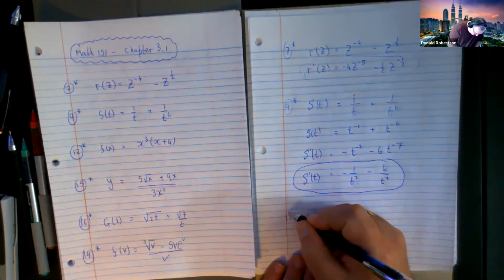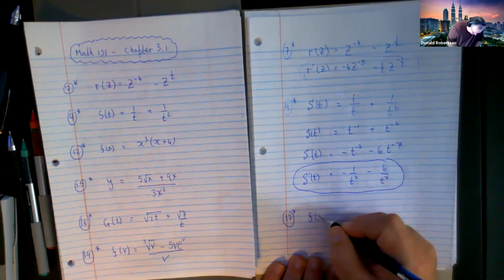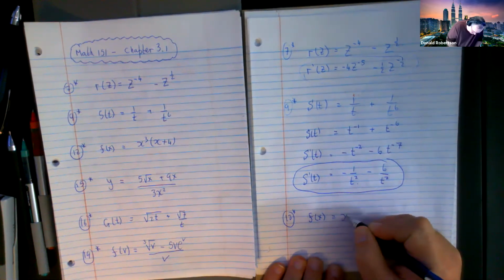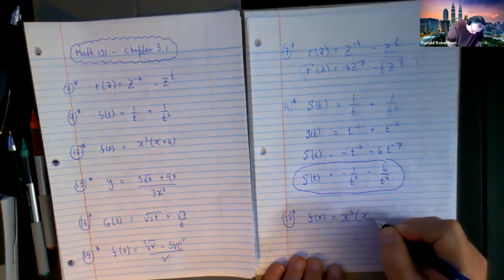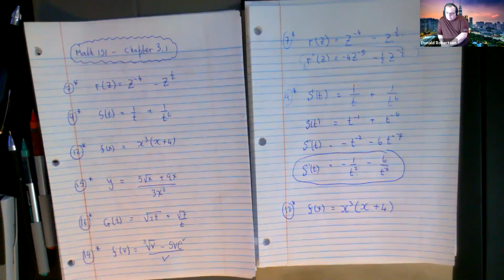And here's question 12. We're going to differentiate this function. Okay, you cannot differentiate this function the way it's written. Don't we have to write it as individual, separate powers of x?